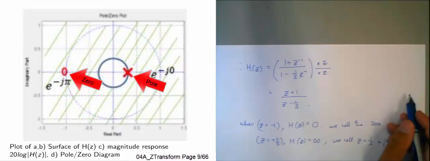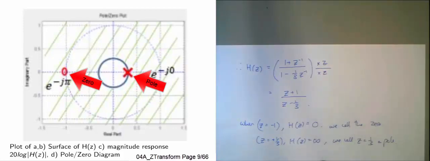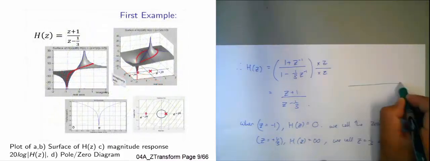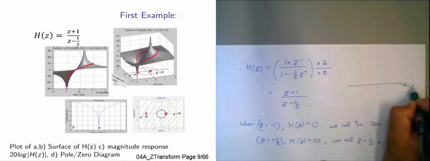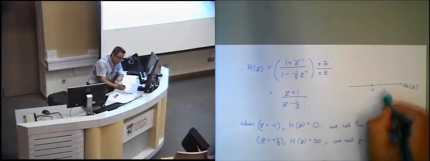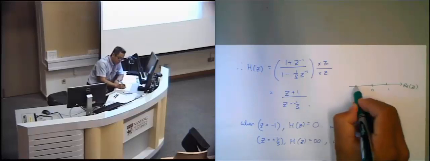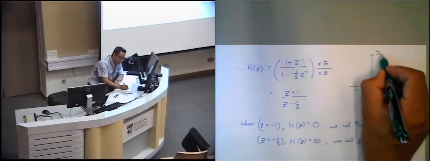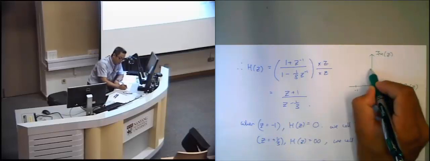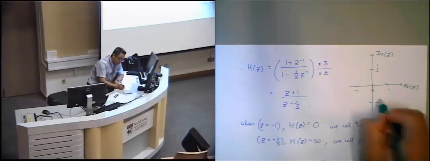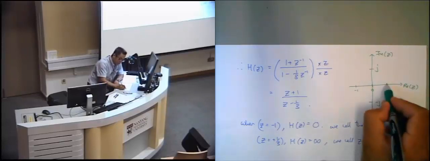How to draw the pole-zero diagram? Again, we are drawing where z is. So first we draw the real part of z. We mark where the 0 is, where the 1 is, and where the minus 1 is. And now I draw the imaginary part of z. We draw where j is, and where minus j is. Now we draw a circle.